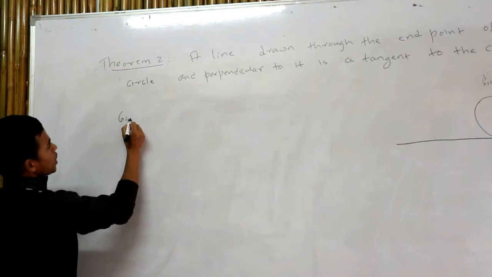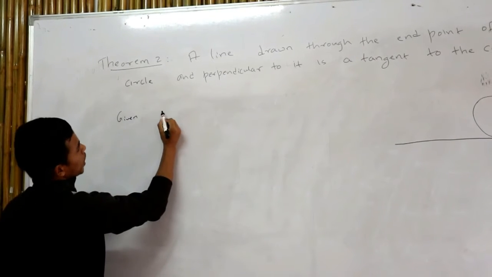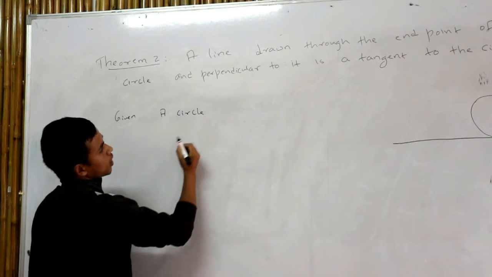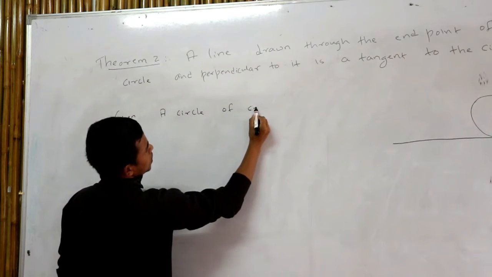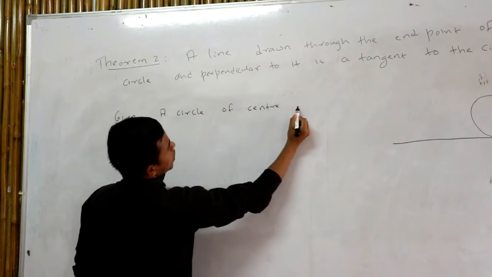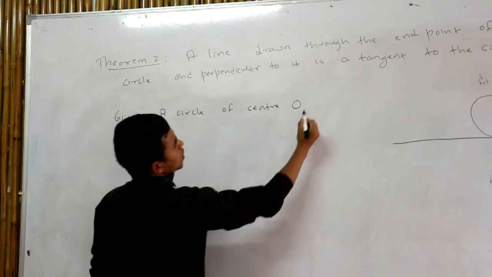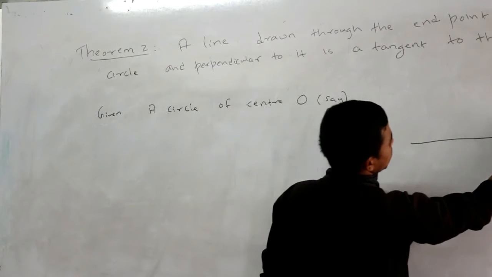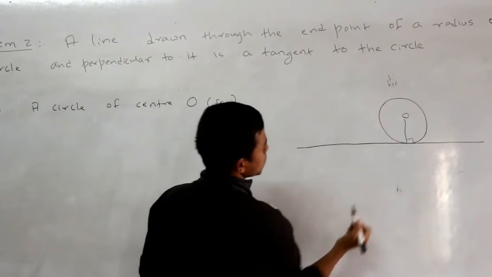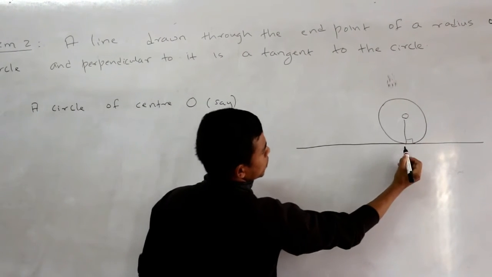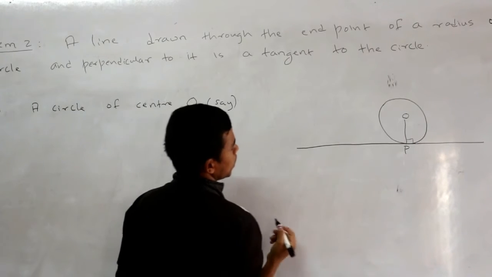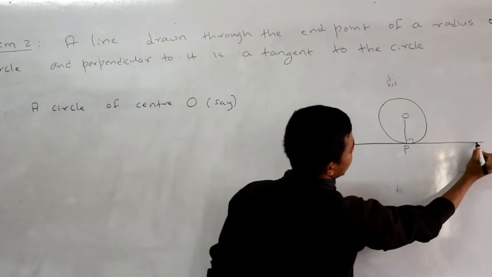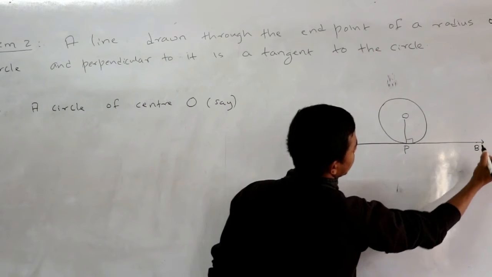So we are given a circle of center, let's say O. So let us name this center of the circle to be O and this endpoint of this radius to be P, and let this tangent be AB.